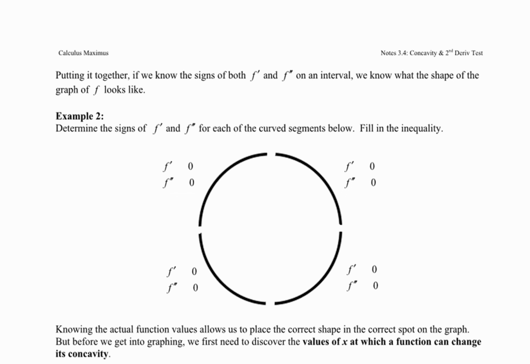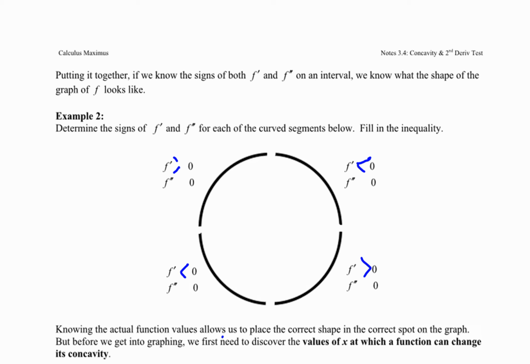concavity. For each of these, we're going to determine the signs of f prime and f double prime. I'm going to just focus on f prime for right now. That's talking about whether f is increasing or decreasing. So f increases here, f is decreasing, and f is increasing.